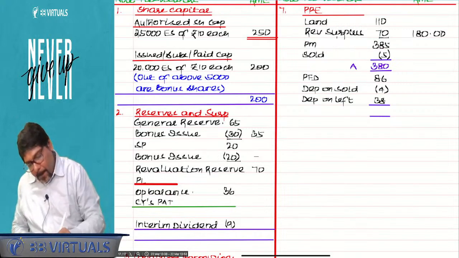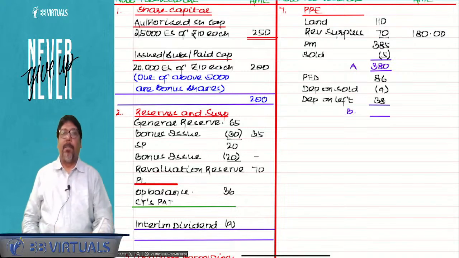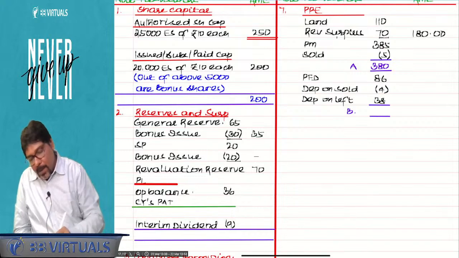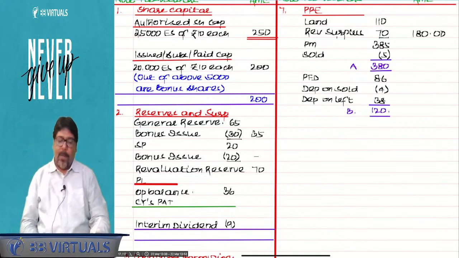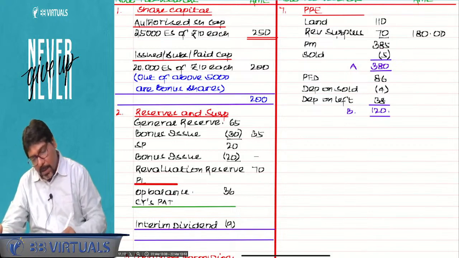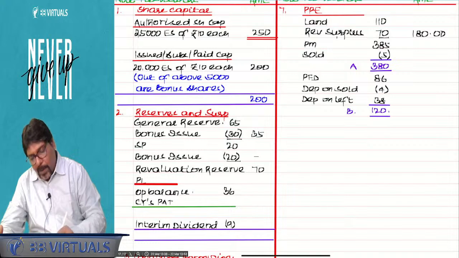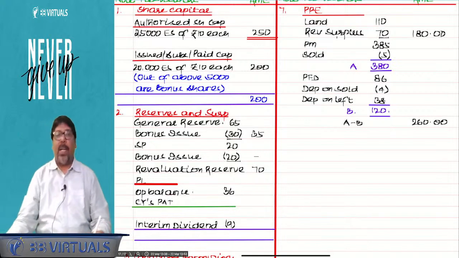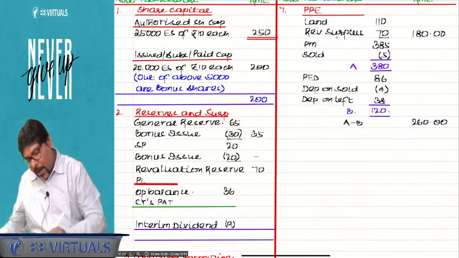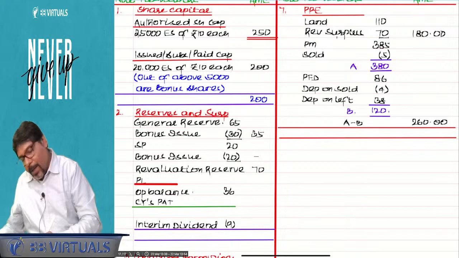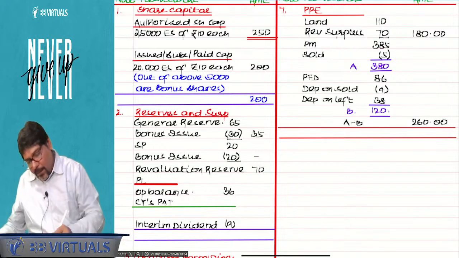B. How much? 120. So A minus B is how much? 260. This is your plant and machinery, yes or no? Yes, sir. So after you add plant and machinery and land, you will get 440.